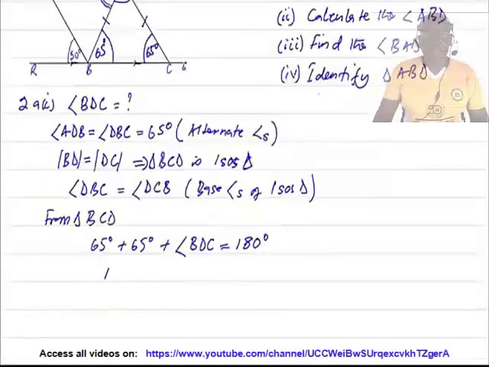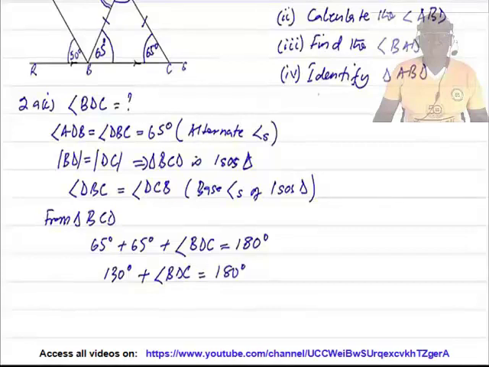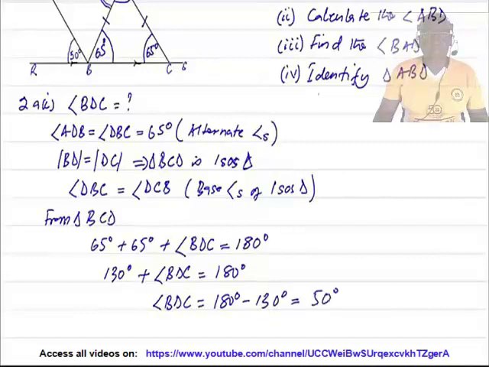Therefore, 130 degrees plus angle BDC should be equal to 180 degrees, or angle BDC equals 180 degrees minus 130 degrees, which equals 50 degrees. So, angle BDC equals 50 degrees. That is the solution to 2A sub-question I.